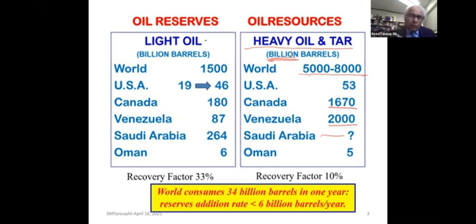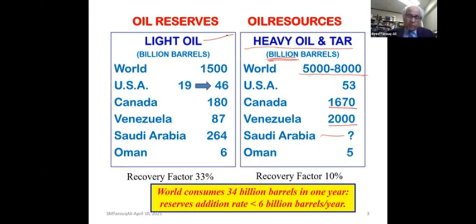Now we have light oil too, and some of the light oil is also recoverable by thermal methods, such as steam injection and in situ combustion. So light oil is also a good target, provided the amount of oil in the reservoir is enough to justify. That is the key factor.